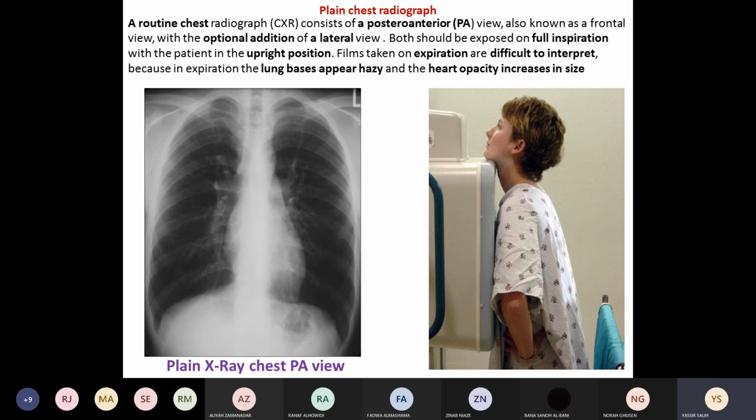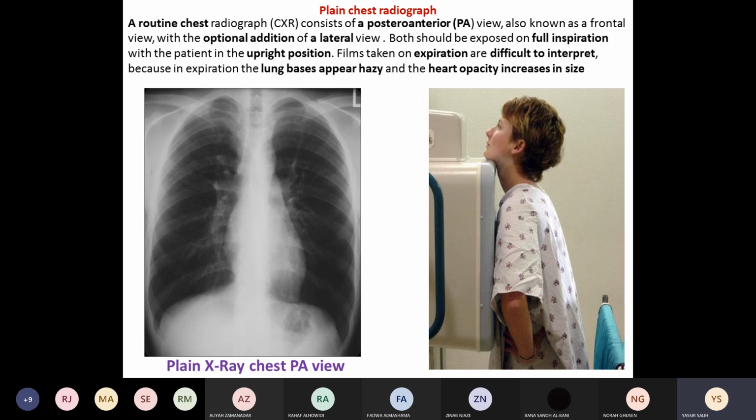The film is done on full inspiration because then the base of the lung will be clear, not hazy. When the chest X-ray is done in expiration phase, the base of the lung becomes more hazy. So chest X-rays will be done in full inspiration.